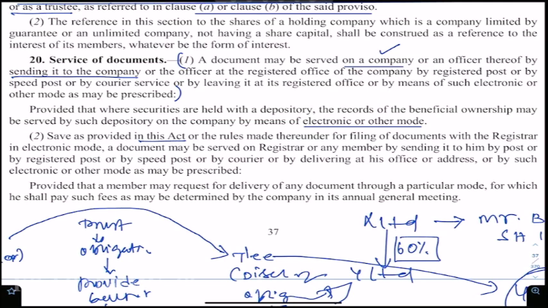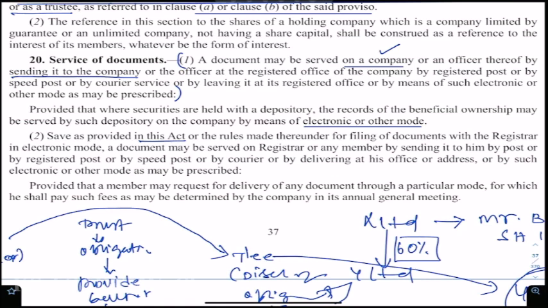That also should be submitted only to the company. That also should go to the registered office of the company. Therefore, anyone wanting to communicate with the company or with the officer of the company, in such case, don't send to any other place other than the registered office.